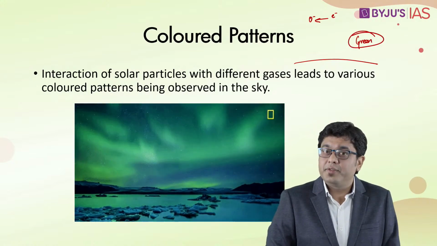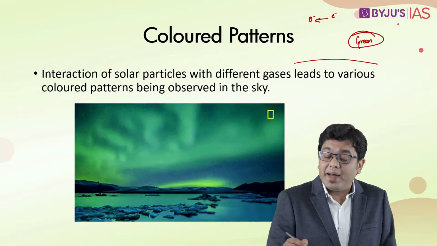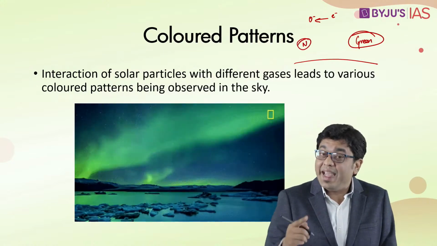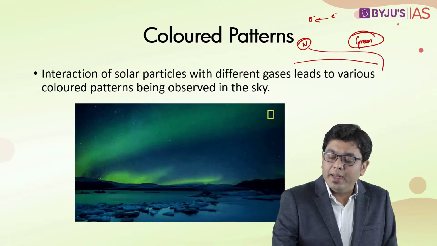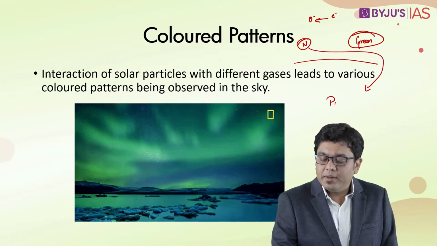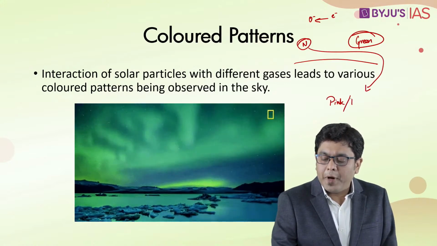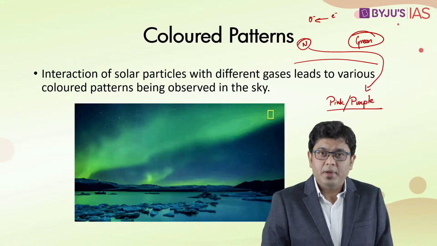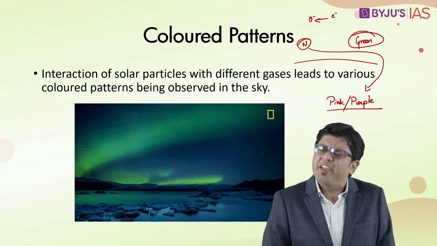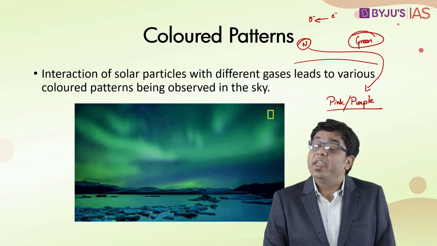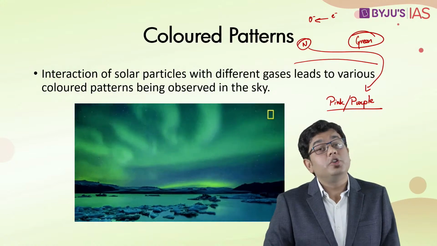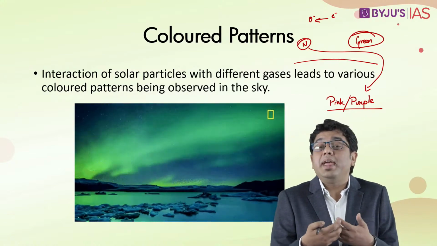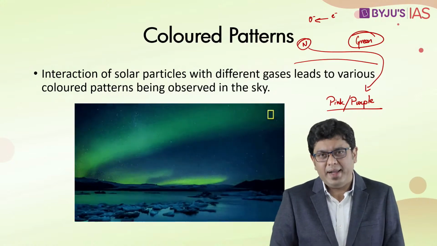But sometimes, when these charged particles hit the nitrogen molecule which is present, then in those cases we end up observing a pink or a purple tinge to these lights. Sometimes, very, very rarely, we end up observing red coloration as well. Red normally ends up indicating that the temperature is very high.